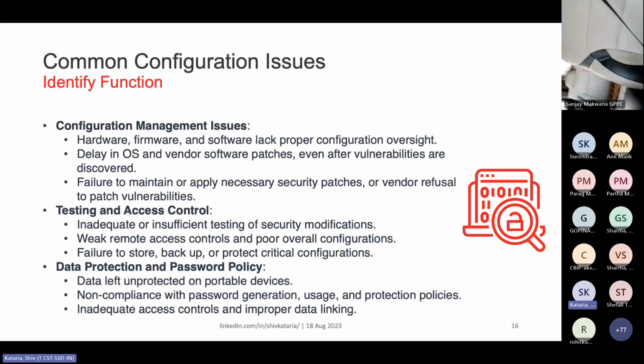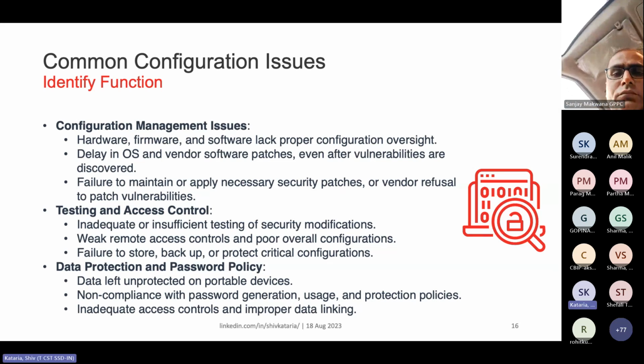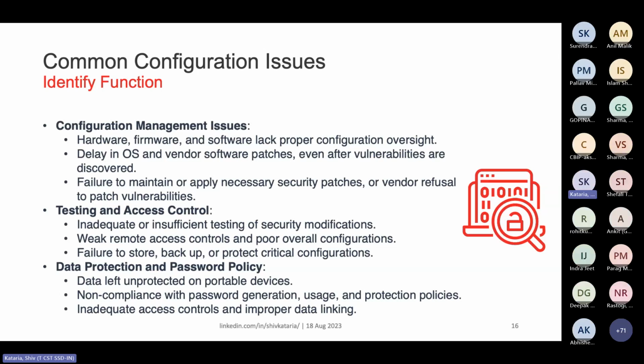And these applications not only come with their own issues, they are not secure methods to give remote access to maintenance engineers. Also, there could be failures to store the backups and protect the configuration of the device, and this could be your procedural and policy vulnerability issue.